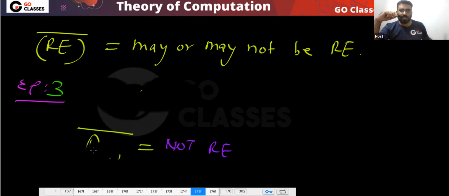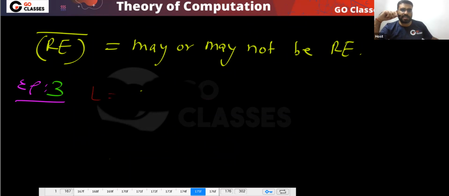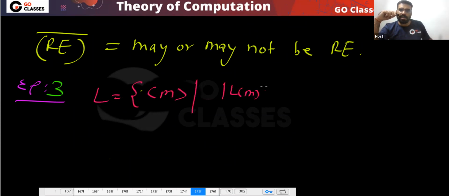Consider this language L, the set of Turing machines M such that the cardinality of L(M) is greater than or equal to 3. Tell me about this one.